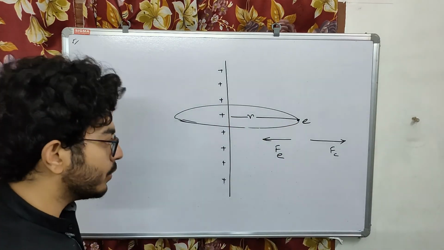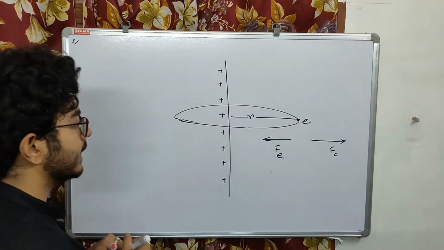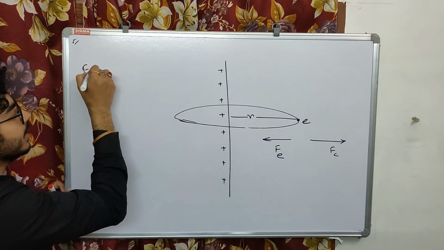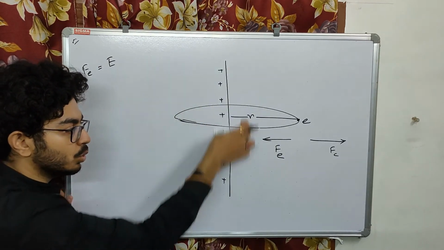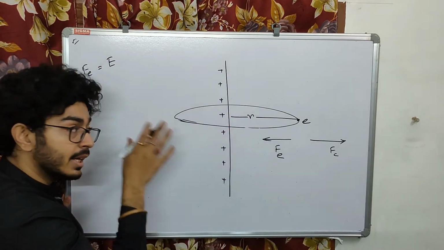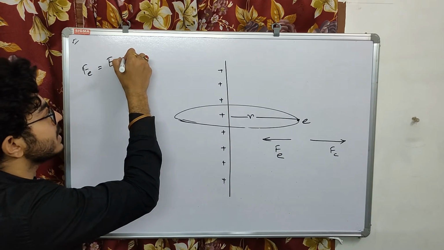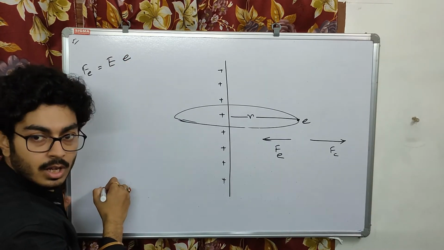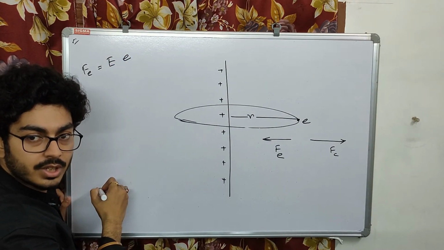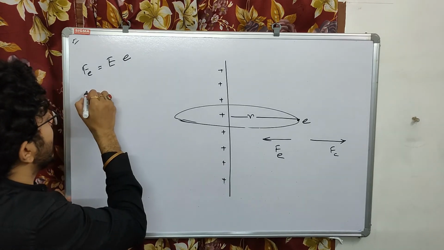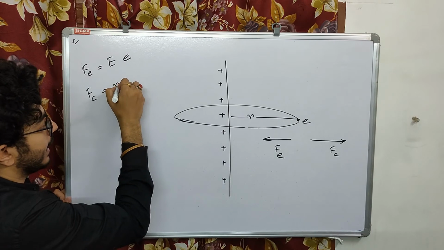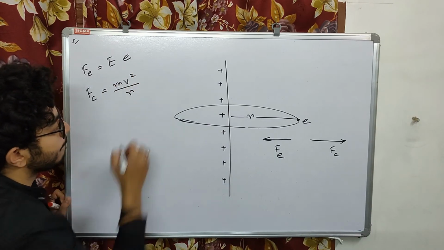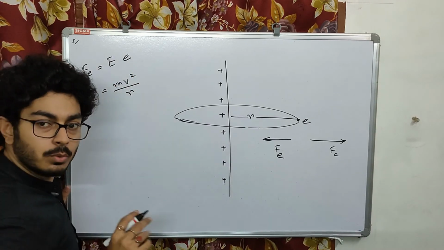Now you have to understand what Fe is. Fe will be the electric field due to this charge distribution multiplied by the electronic charge, and Fc is mv square by r. This is clear to everyone.